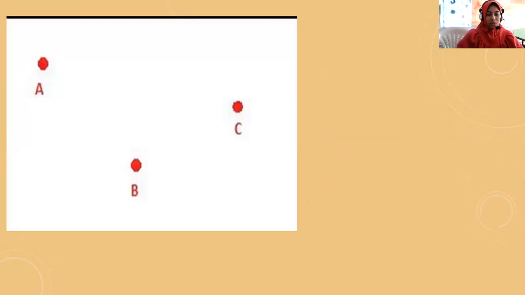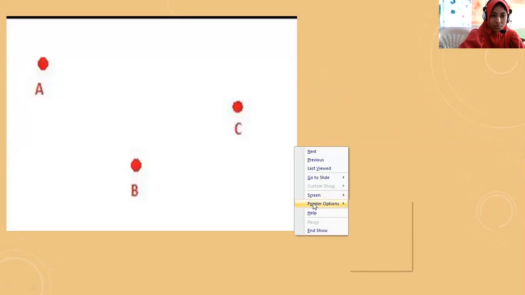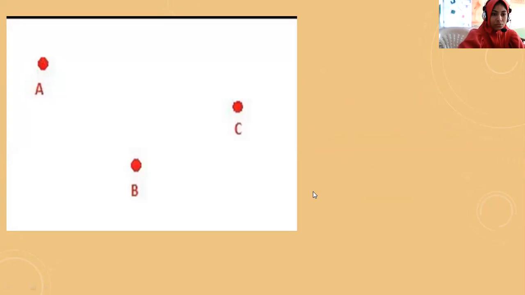Okay, so on your screen, you can see tiny dots which are named A, B, and C. So these are nothing but your points.